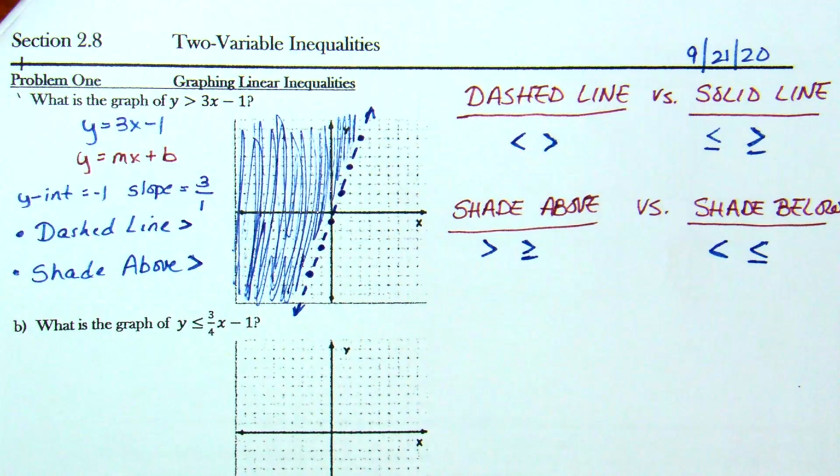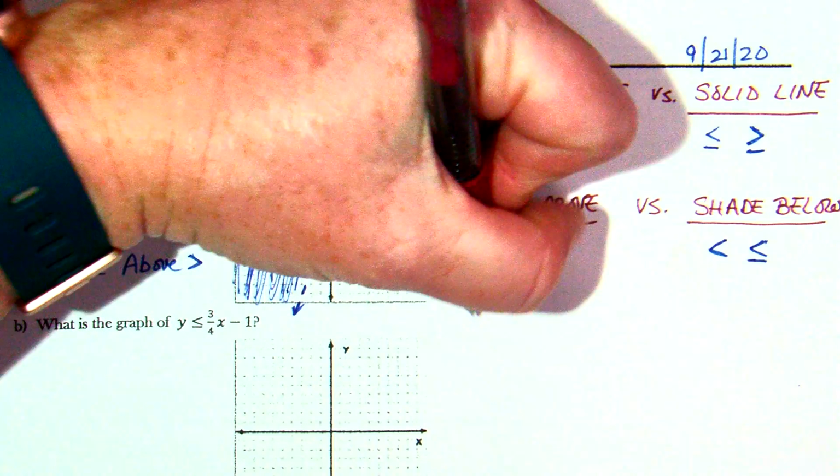Now, one thing I want to ask you, and this is trying to prepare you for the easy homework. What if I ask you the question, is the ordered pair 2, 3 a solution of y greater than 3x minus 1?